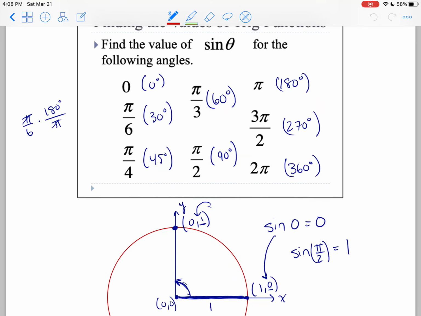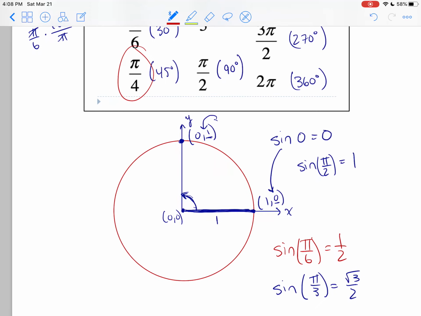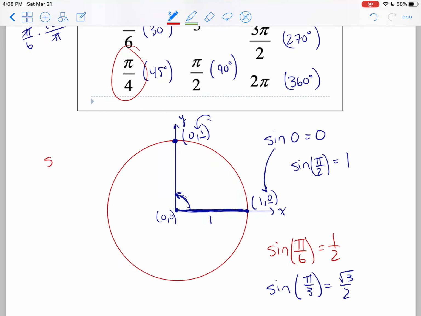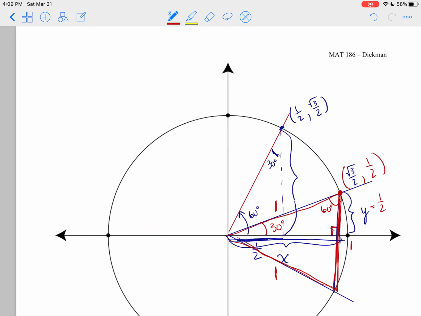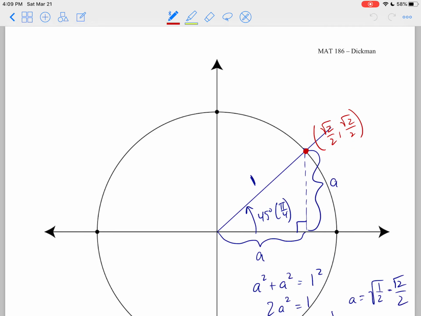And so going back to this question to find sine of pi over 4, sine of pi over 4 is the y-coordinate of the point on the circle that is created by the segment that cuts through this at a 45-degree angle. And so that is root 2 over 2. Cosine of pi over 4 would also be root 2 over 2.